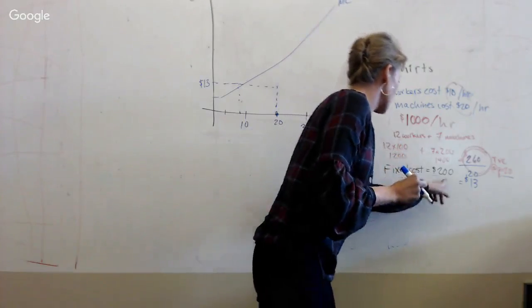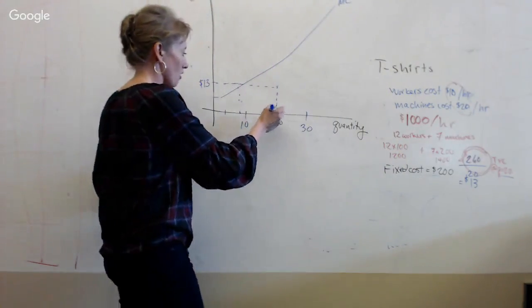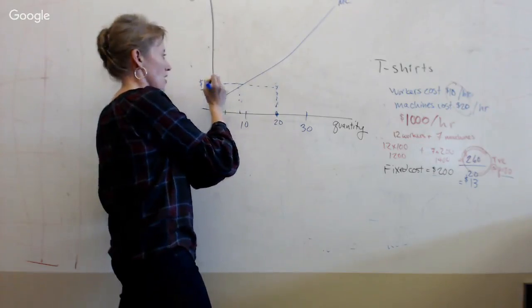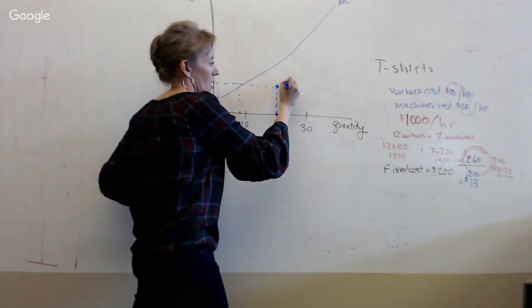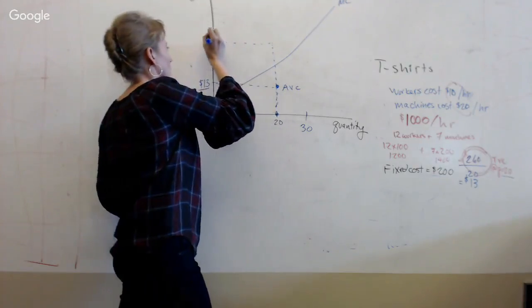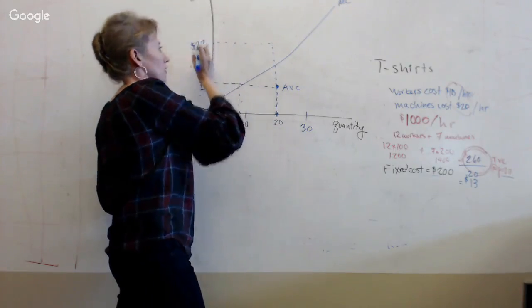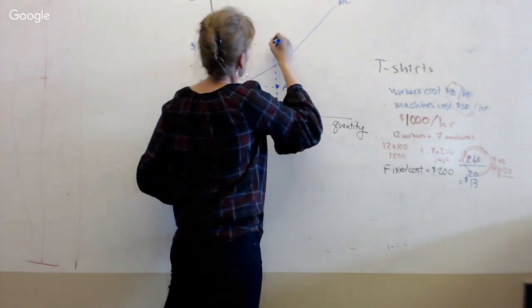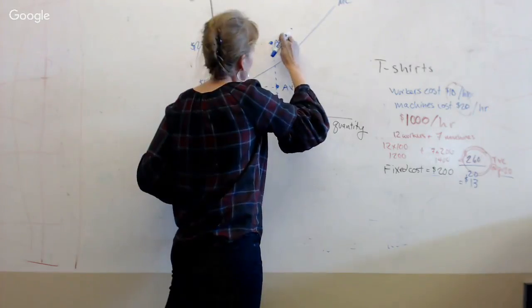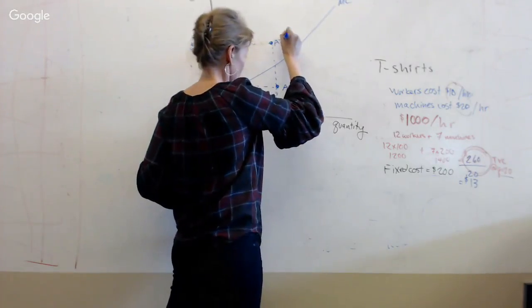And so if we take $10 and add it to our average variable cost, that's 23. There's our average total cost.